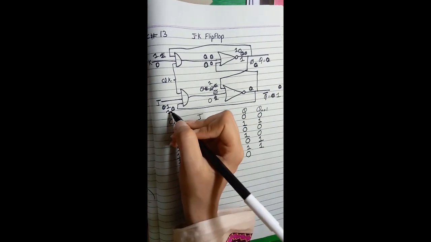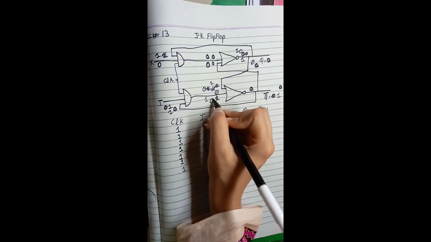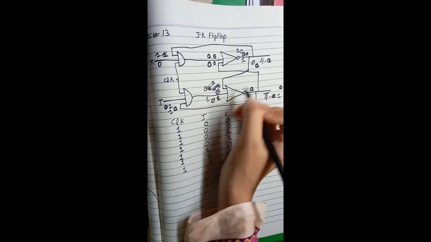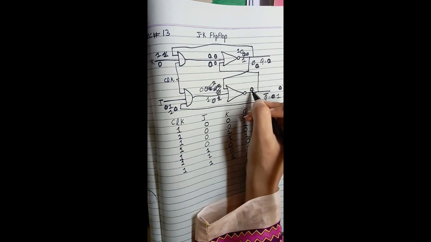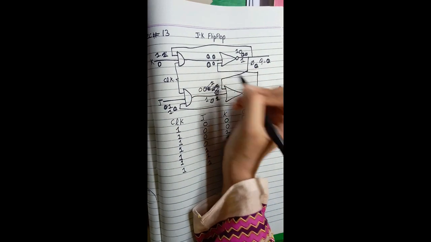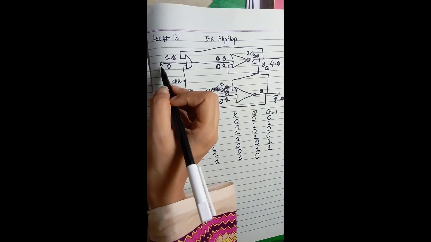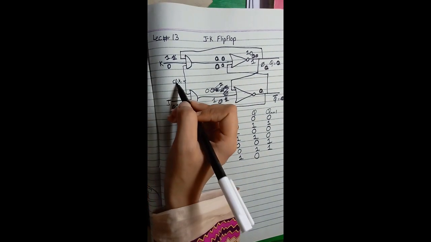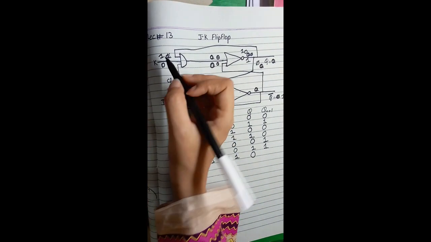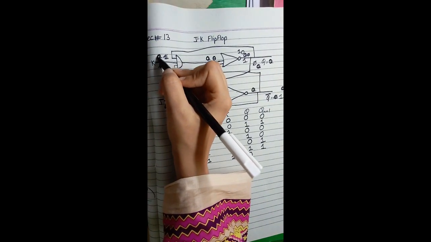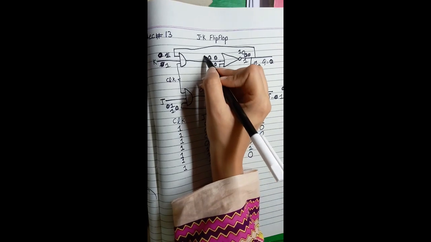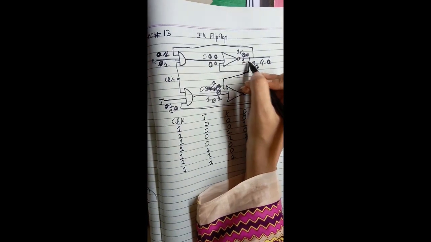This is 1, so all 1s will give us 1. And here we have the value 0. 1 and 0 will give us 0. This 0 will go here as input. And on this K we have value 1. K is also 1. And we imagine the value of Q as 0. So it will give us 0. 0 and 0 will give us 1 output.